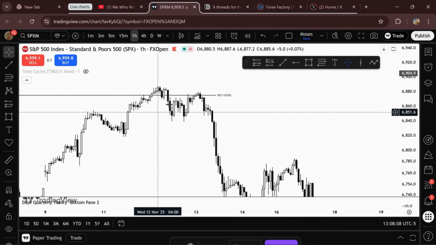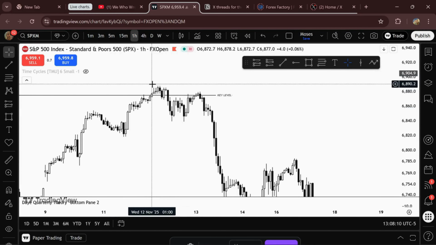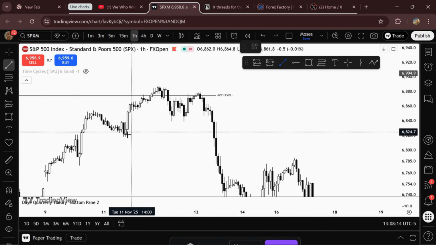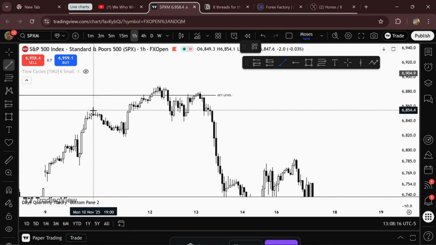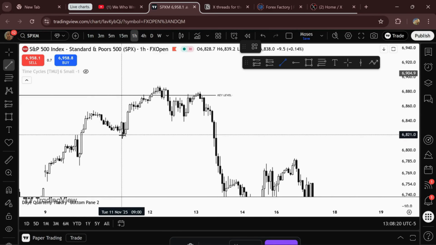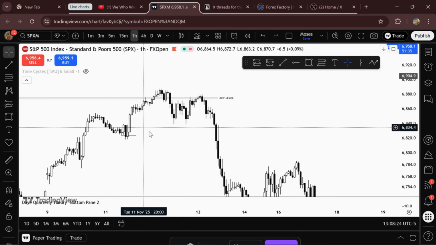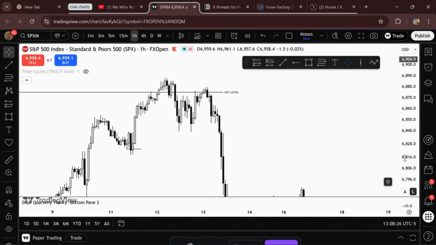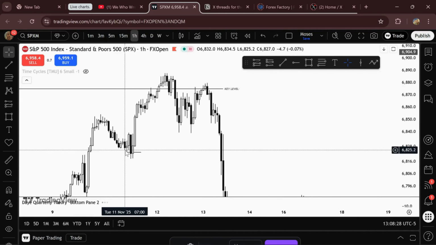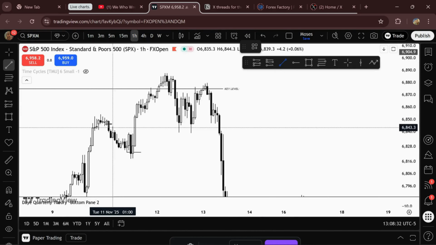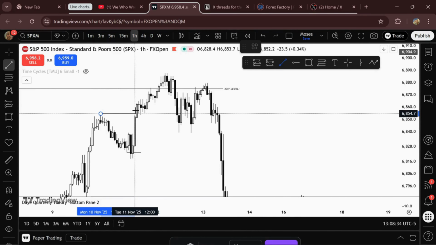Okay, so let us investigate price's fractal. The dealing range, we have price this low, create this high, creating this low. So we have price come, sweep this low, right? Sweep this low, and the high that created this low was eventually run out simultaneously.